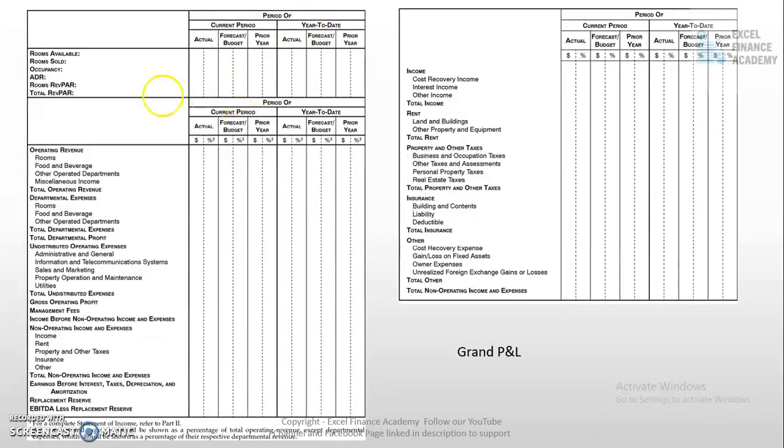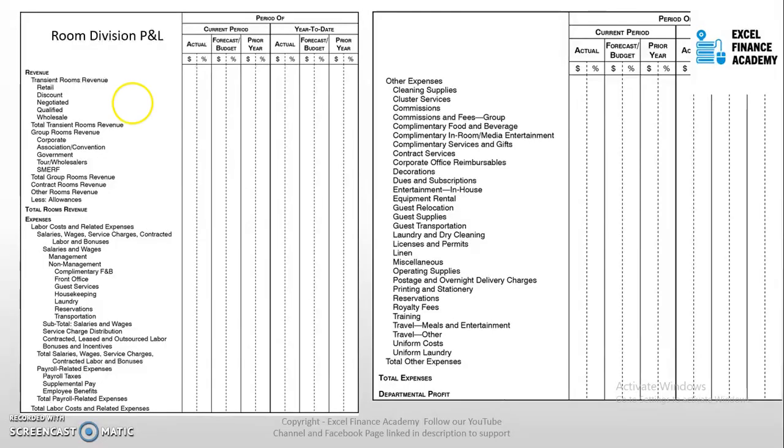The details of each individual P&L are further divided into separate P&Ls. Financial reporting in the hospitality industry is all about the different P&Ls. So this is the summary one, and next up is the P&L for the rooms division. Here you can see the rooms division P&L, where you have room revenue and then expenses.